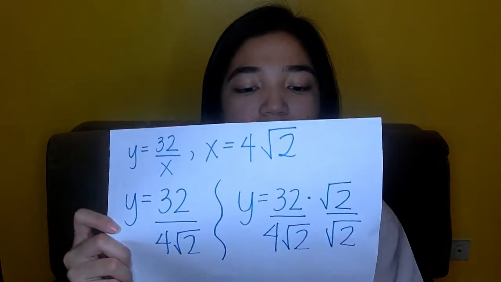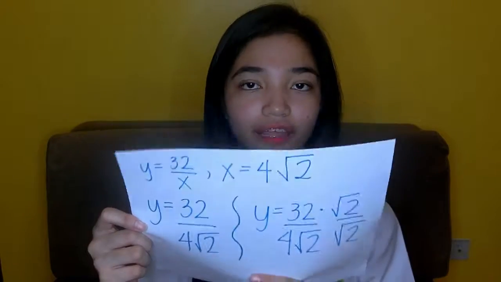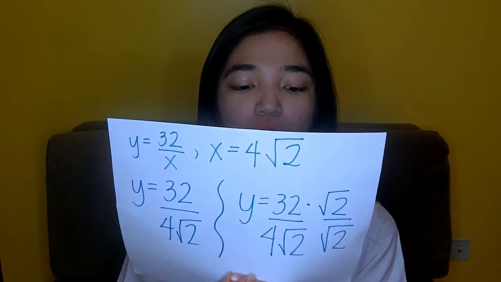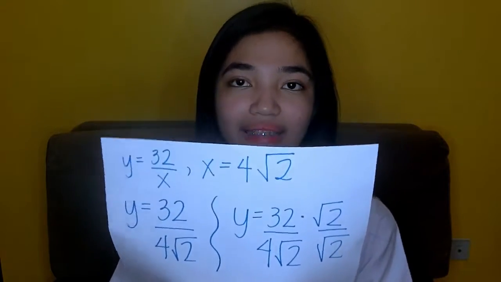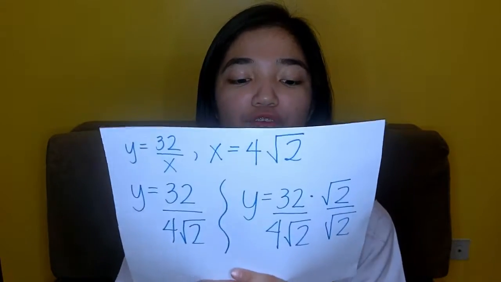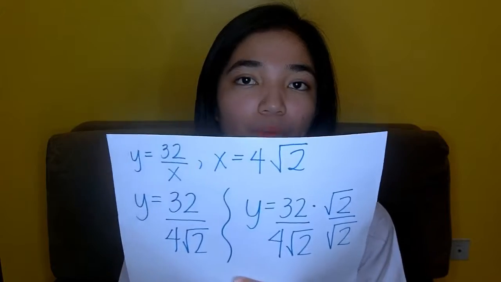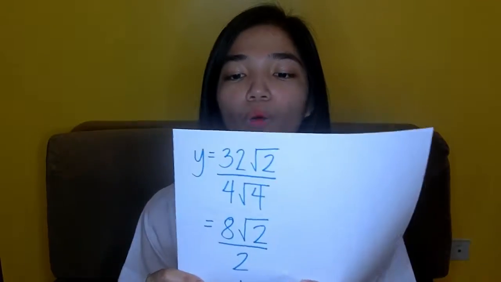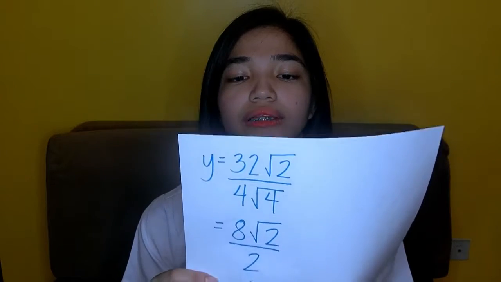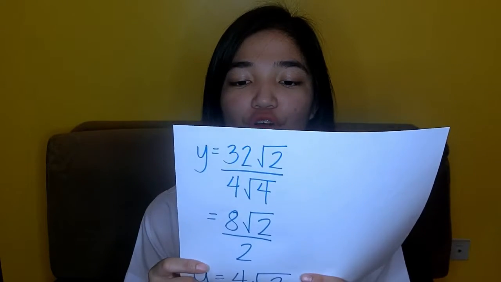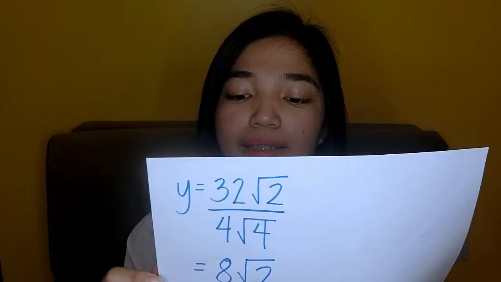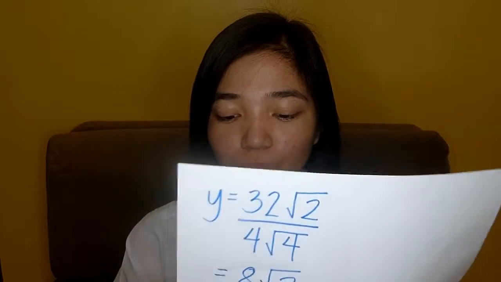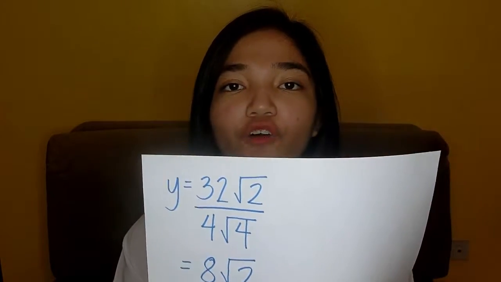To rationalize and remove the radical sign in the denominator, y equals 32 over 4 square root of 2 times square root of 2 over square root of 2. To simplify, y equals 32 times square root of 2 over 4 times 2. Simplifying, 8 times square root of 2 over 2, which is y equals 4 square root of 2.